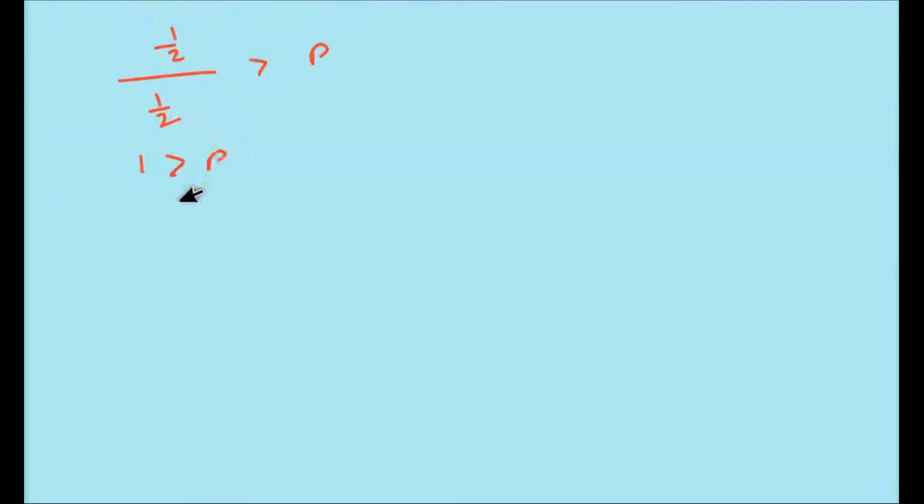So since 2 is less than e, and since e is equal to 2 plus p, but p is less than 1, hence e is less than 3.